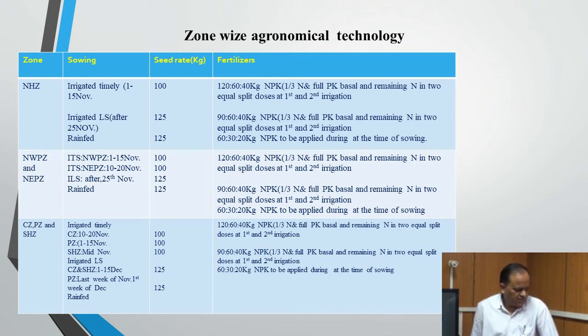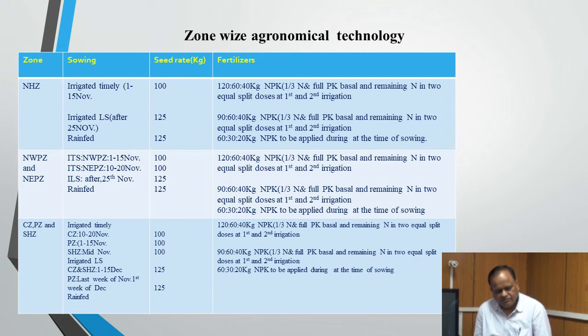For irrigated late sown condition, central zone and southern hill zone, first to 15th of December, the seed rate is 125 kg. For the central zone and plateau zone, the fertilizer requirement is 120 kg, 60 kg and 40 kg per hectare.